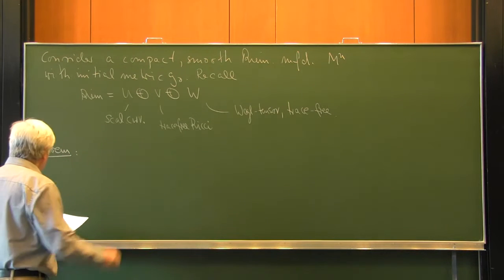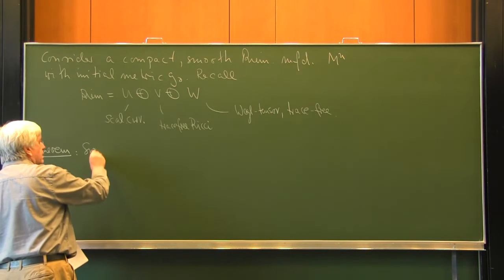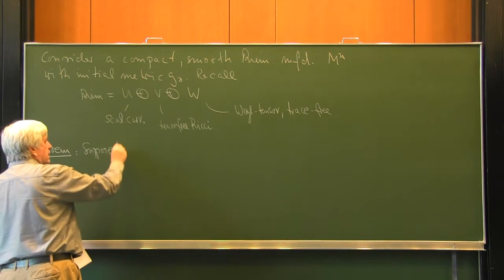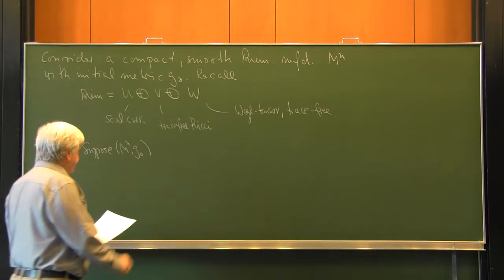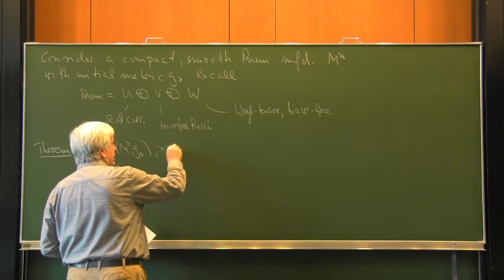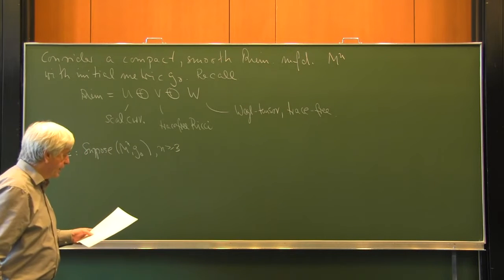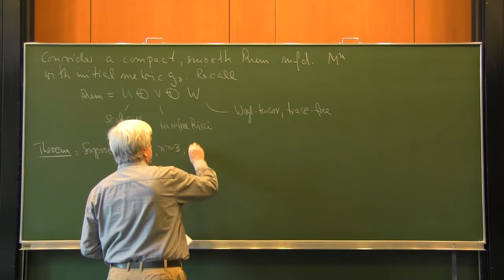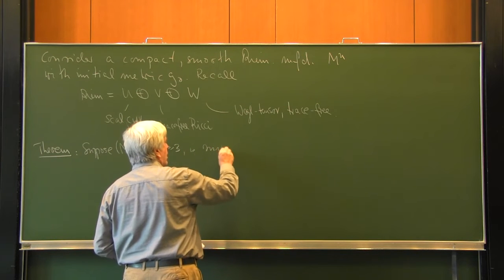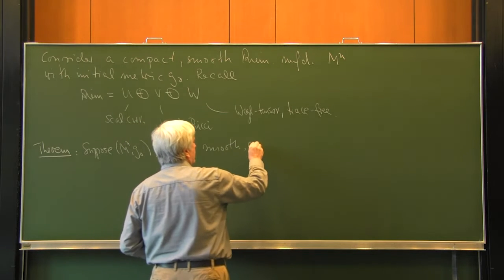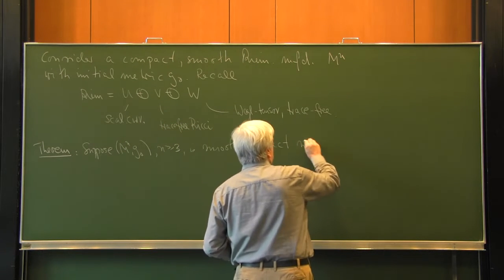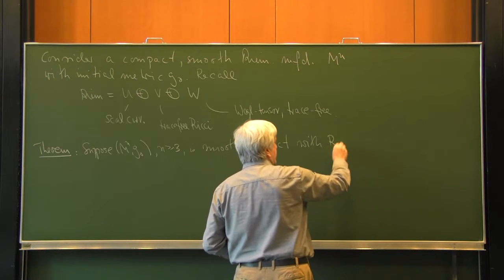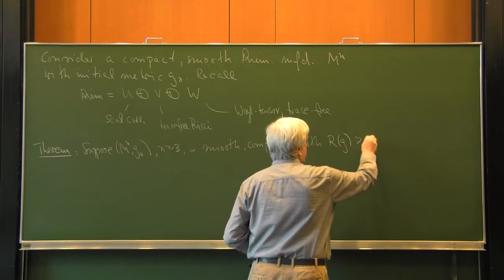Theorem. Suppose Mn, g0 with dimension n greater or equal than 3 is smooth, compact as above, with positive scalar curvature.